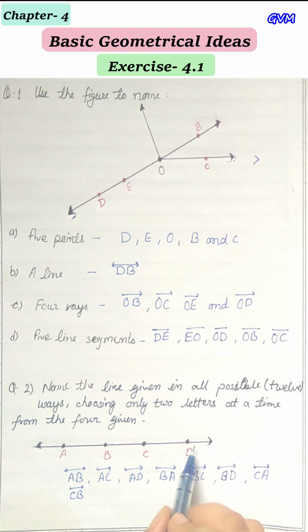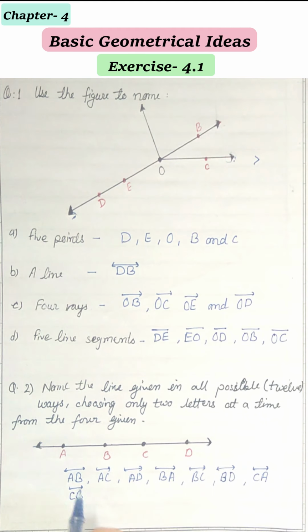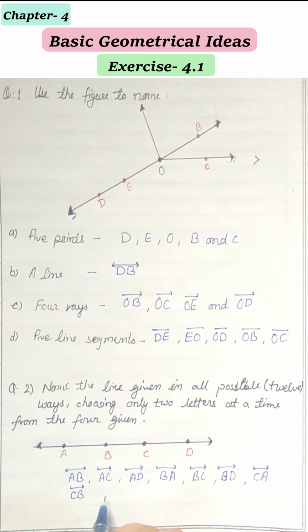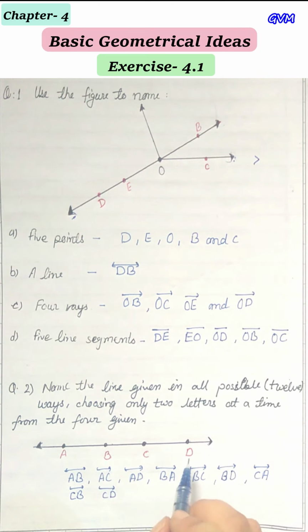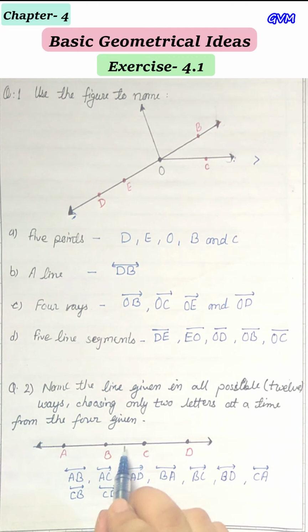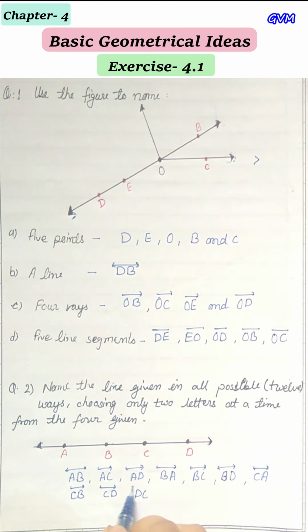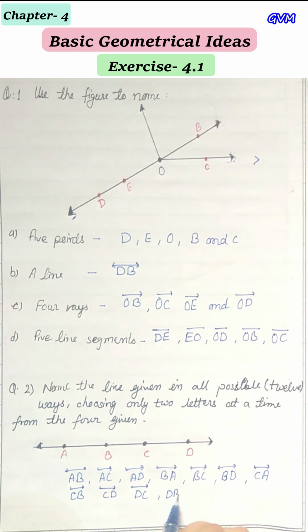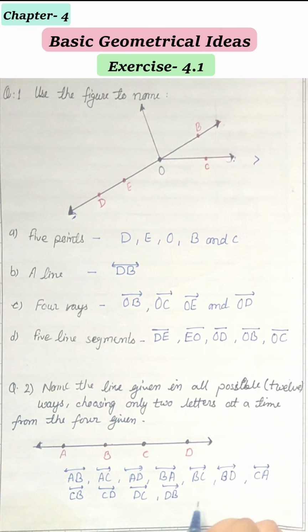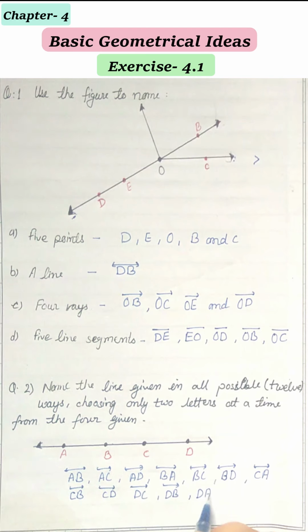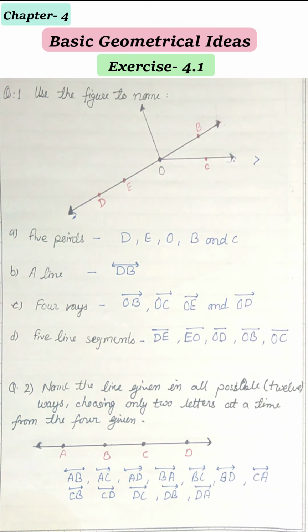When we are not considering these two other points, we have this line CB. Now CD. Now let's come to D: DC, DB and DA. Okay, so these are 1, 2, 3, 4, 5, 6, 7, 8, 9, 10, 11, 12. So these are the 12 lines we have from the given figure.